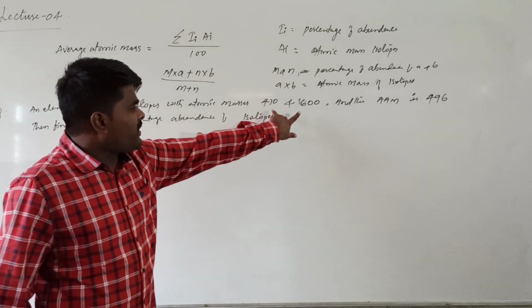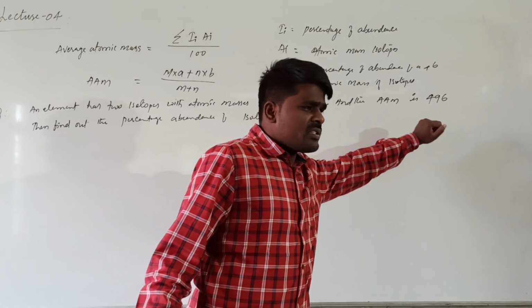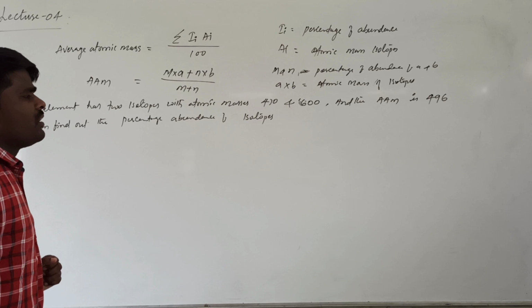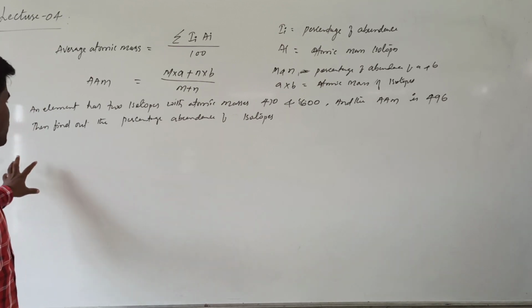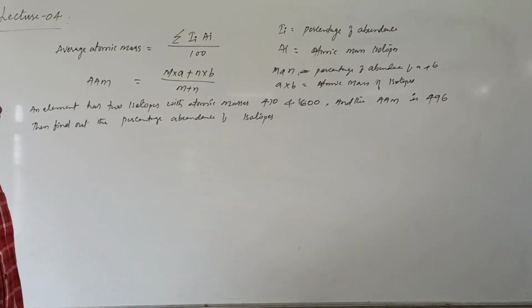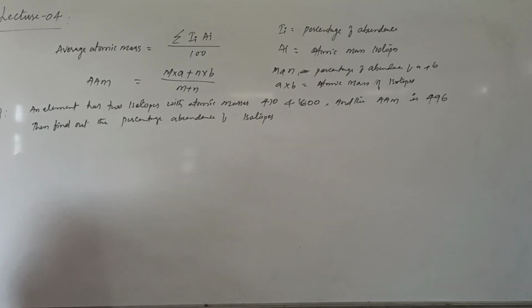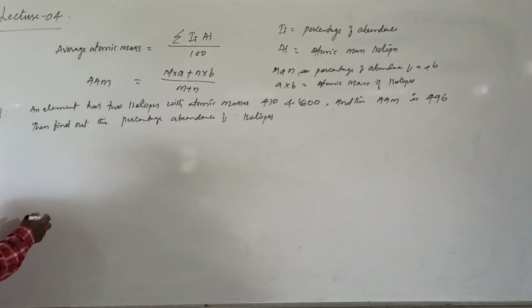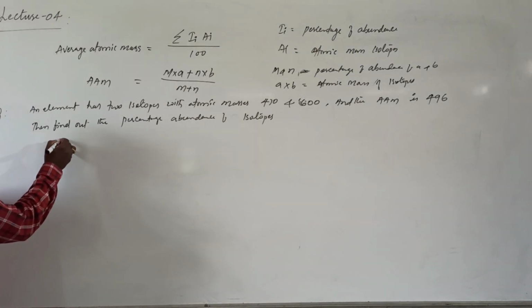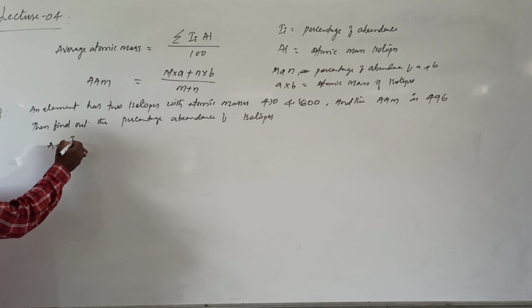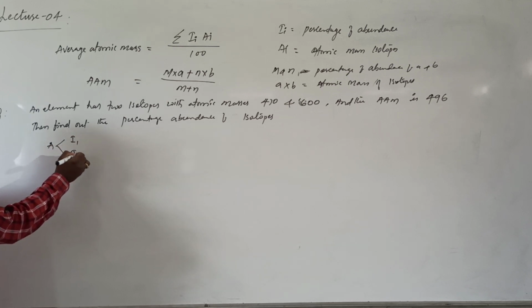Here he has given the atomic masses of isotopes as well as the average atomic mass of the element, right? Asking us to calculate the percentage abundance. Let us assume an element A which exists in two isotopes I1 and I2.